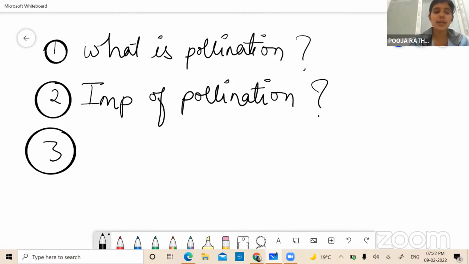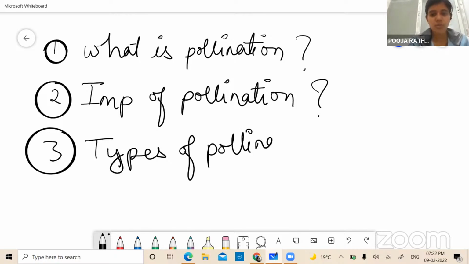The next question that could be asked is about the types of pollination. What are the different types of pollination? There are two types: self-pollination and cross-pollination.